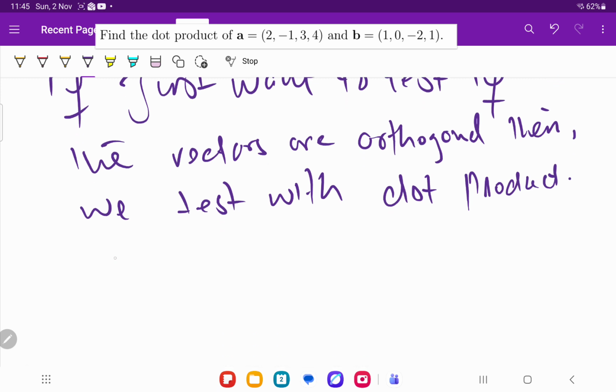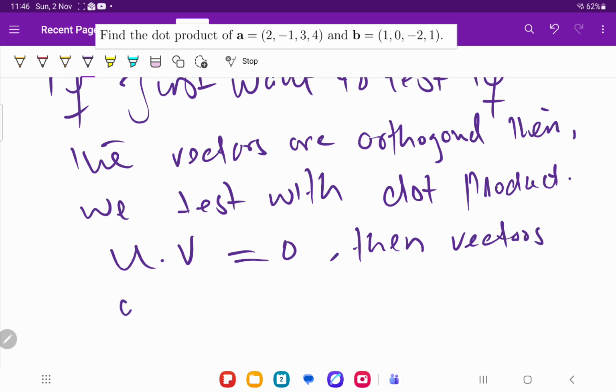Dot product means u dot v. If it is 0, then the vectors are orthogonal.